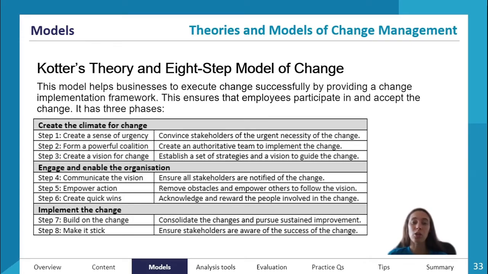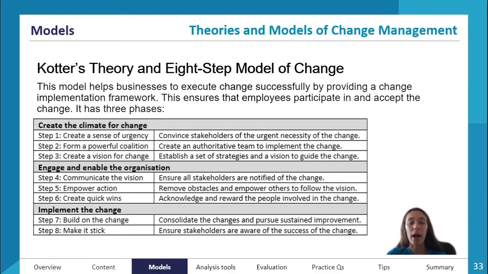You need to make sure that you're making stakeholders aware of the change before you get to this second phase. Otherwise, you would be springing it on them too much. So ensuring that stakeholders are notified, and if any changes have been made from what was originally proposed in step 1, then you would be outlining that here as well.